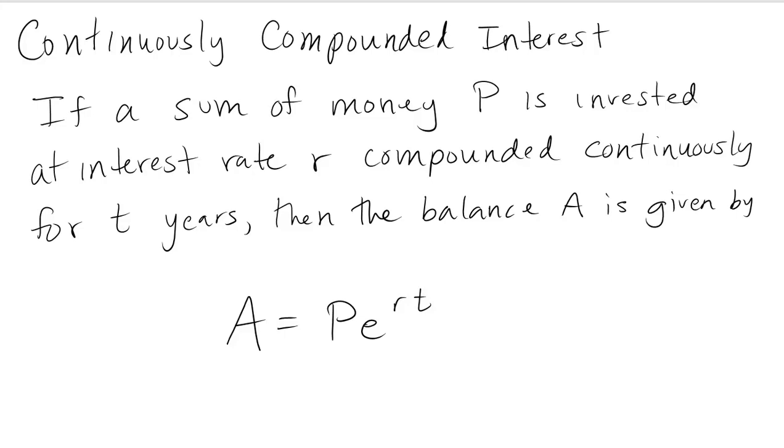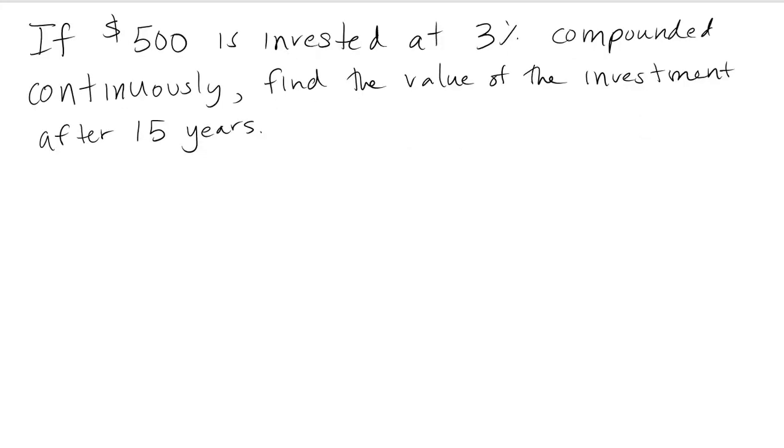Let's do an example of this. If $500 is invested at 3% compounded continuously, find the value of the investment after 15 years. We're looking for the balance of an investment where the interest is compounded, and now we have two formulas. We have the P times (1 plus R over n) to the nt formula, and we have this new Pe to the RT formula. The way that you can tell which formula you're supposed to use is based on how often the interest is compounded.